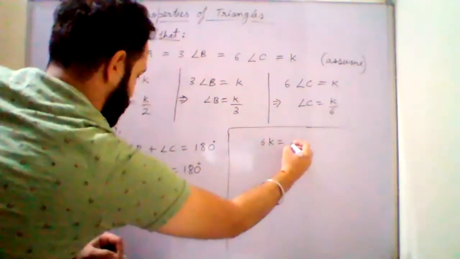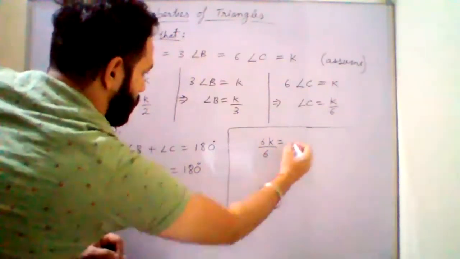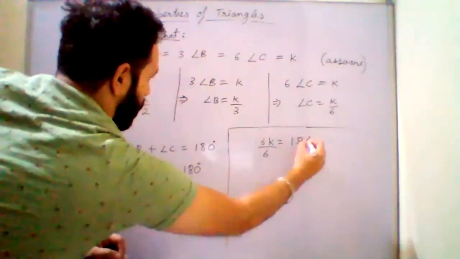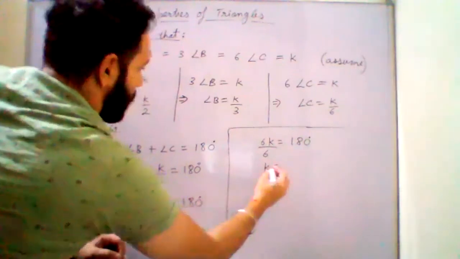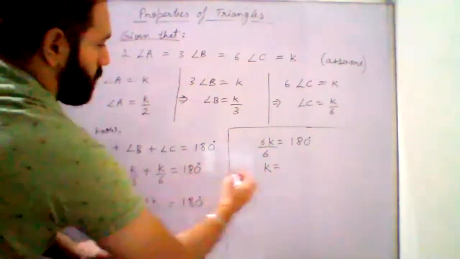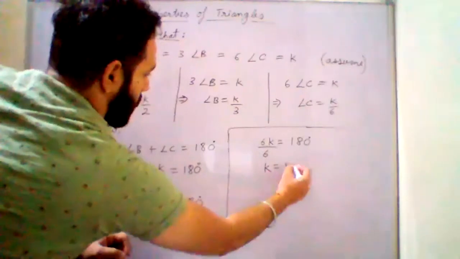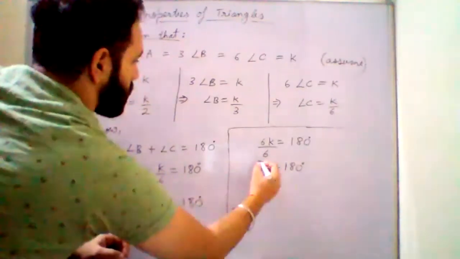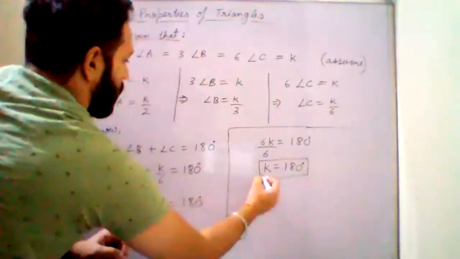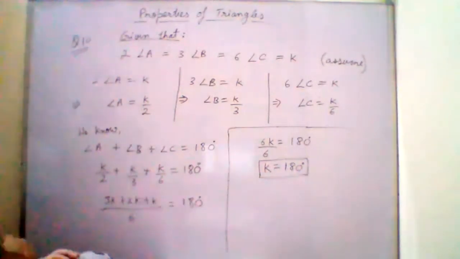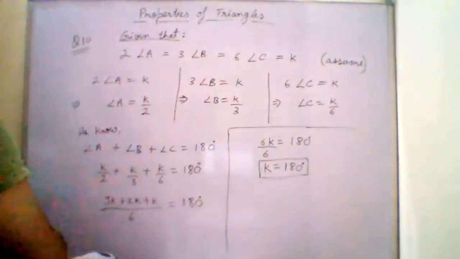So 6K upon 6 equals 180. That means, what is the value of K? Here the 6 and 6 cancel, so you get K equals 180 degrees. It could be anything, but in this case it is 180 degrees.